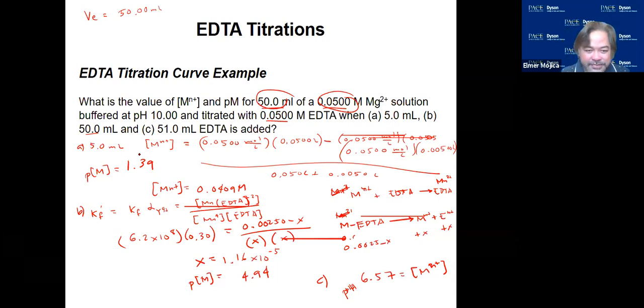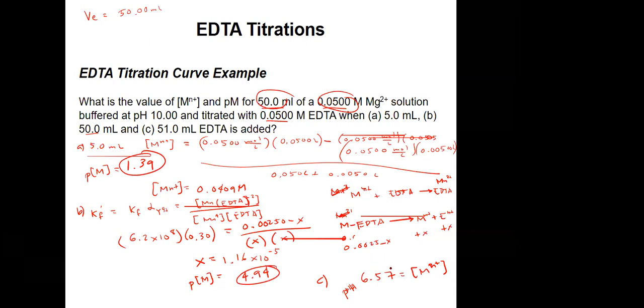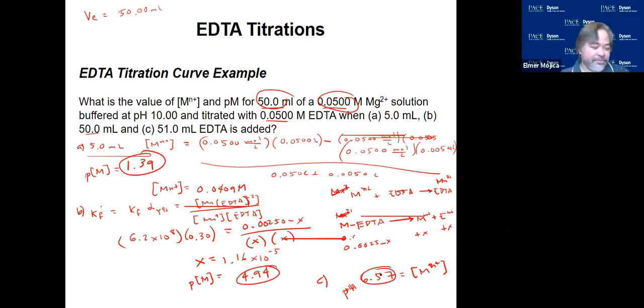So 1.39, 4.36, 6.57. So what can you say about the metal concentration when you add the EDTA? They increase or decrease? Anyone? From the value that you have there, do they increase or they decrease?